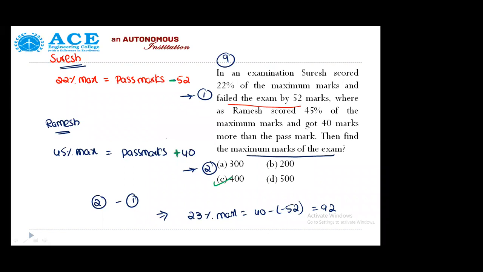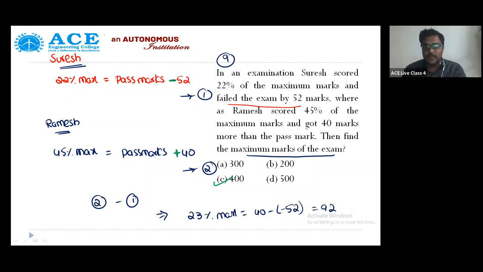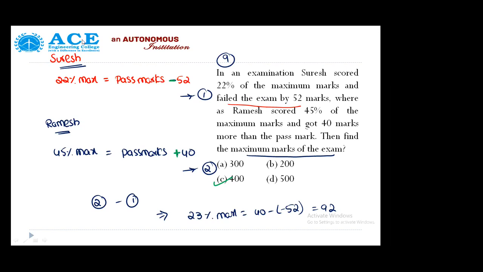I repeat, if they mention 22% of the maximum marks and fail the exam by 5%, pass the exam by 4%, then you can go with assumption. But failed by 52 marks, not 52%. Got 40 marks more, not 40%. Just see those lines. When that is the case, you are not allowed to assume.